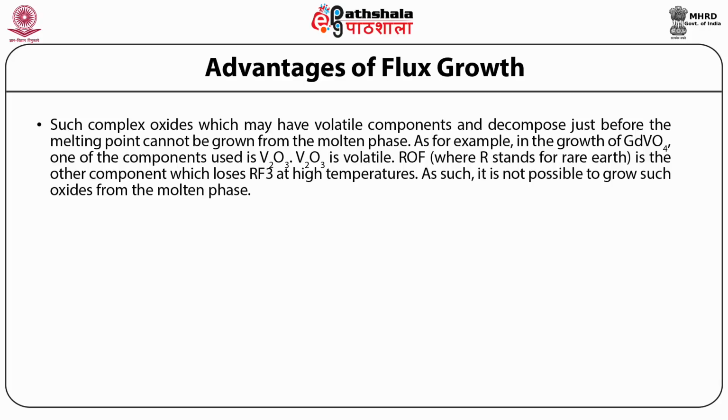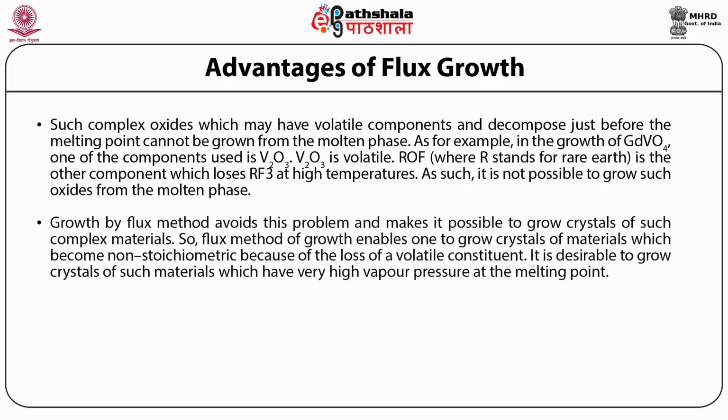ROF, where R stands for rare earth, is the other component which loses RF3 at high temperatures. As such, it is not possible to grow such oxides from the molten phase. Growth by flux method avoids this problem and makes it possible to grow crystals of such complex materials.